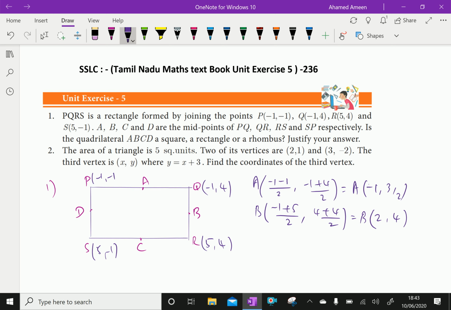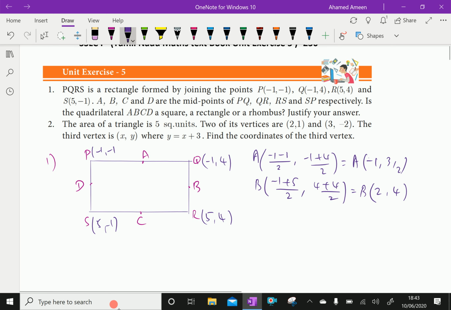which is (2, 4). And point C is the midpoint of R and S, that is (5 plus 5) by 2 and (4 minus 1) by 2, equal to C of (5, 3 by 2).